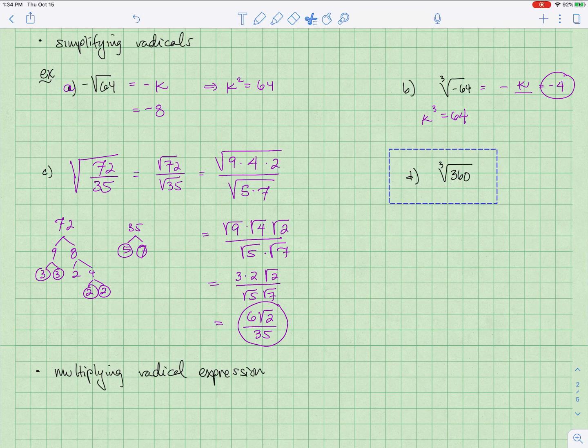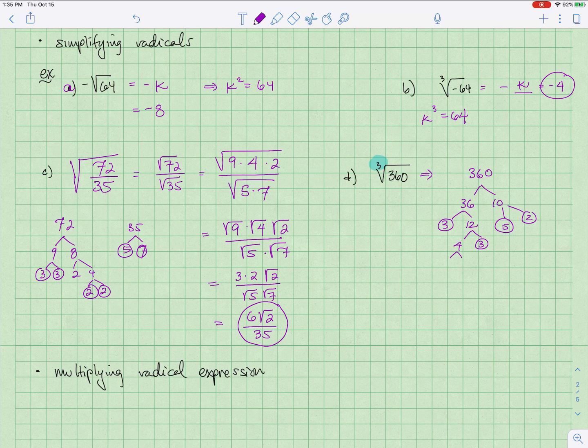Now, for this last one here, the cubed root, that's important, the cubed root of 360, what we want to do is take 360 and find its prime factorization. 36 and 10, that's good. That one is 2 and 5. 36 is 3 times 12, and 12 is 4 times 3, and this is 2 times 2.